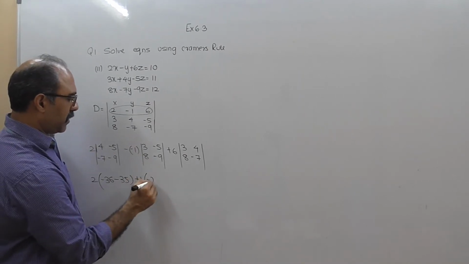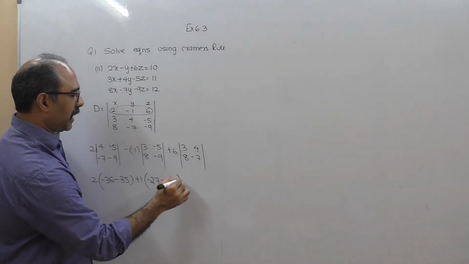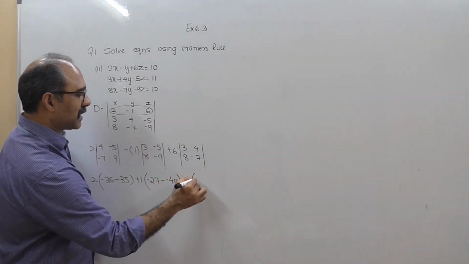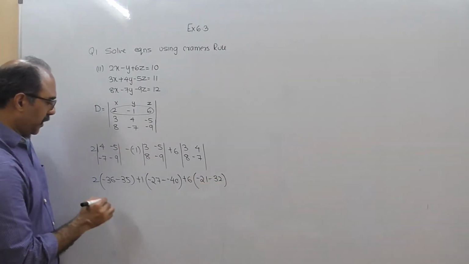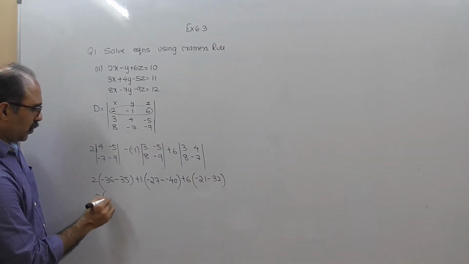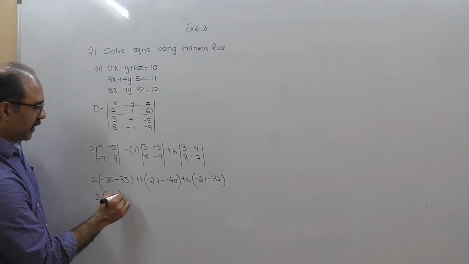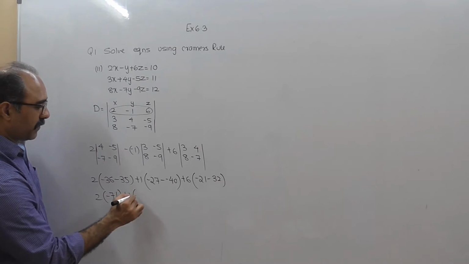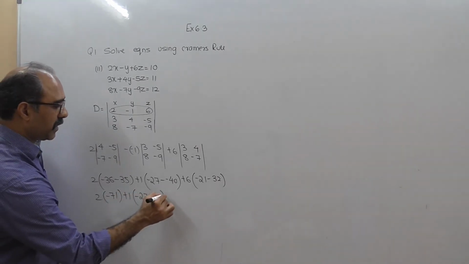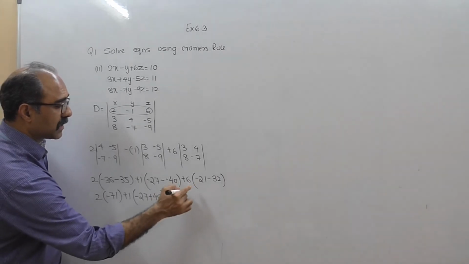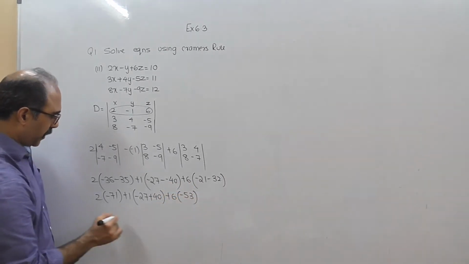This will be minus 27, minus 40, plus 6, minus 21, minus 32. So this is 2, I hope this is minus 71, plus 1, this is minus 27, plus 40, plus 6, and I think this is minus 53.